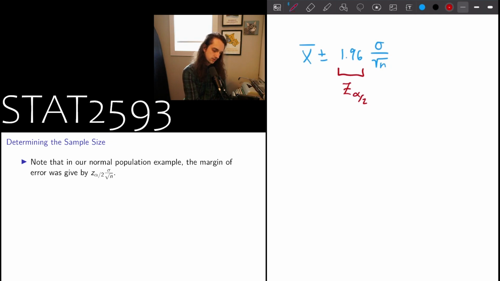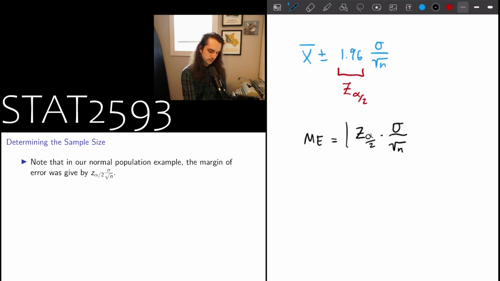So in general, the margin of error in this case is z of alpha over 2, the critical value, times sigma divided by the square root of n. This is our margin of error. And we can see that as alpha gets smaller, as we push further and further into the tails, the z is going to increase.